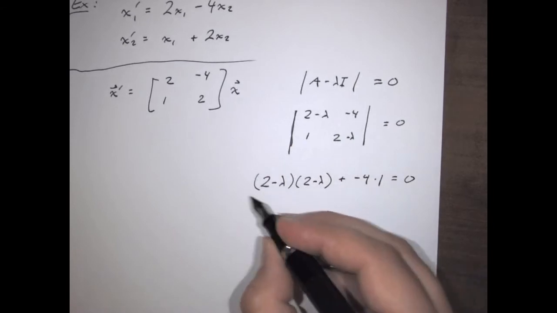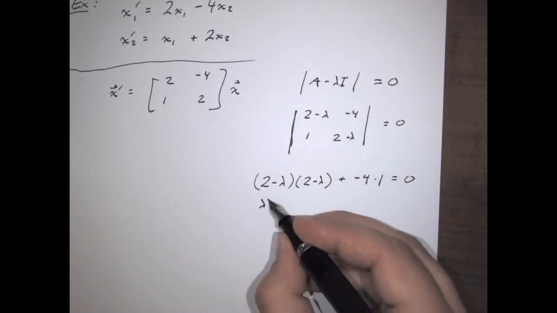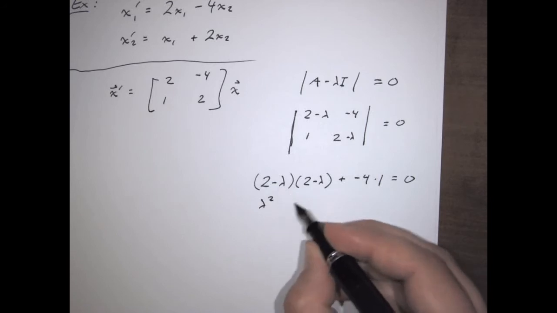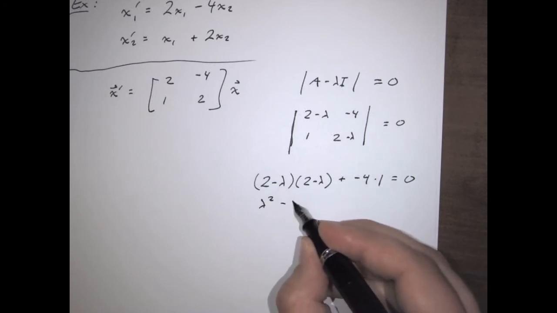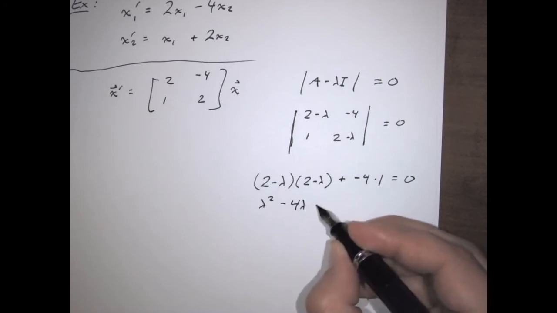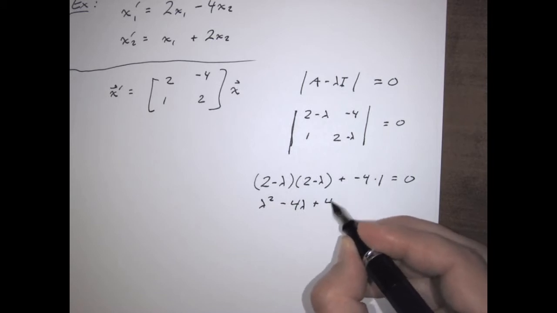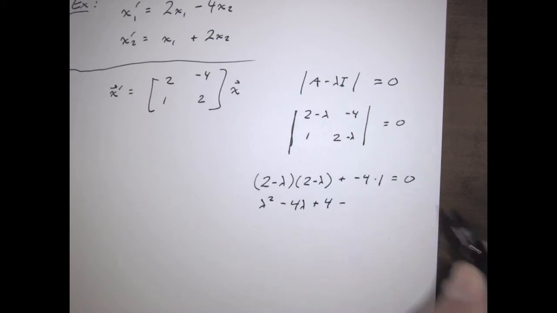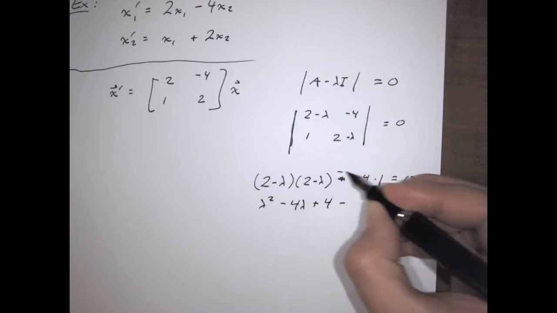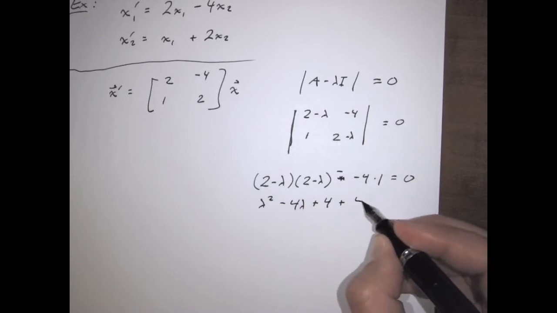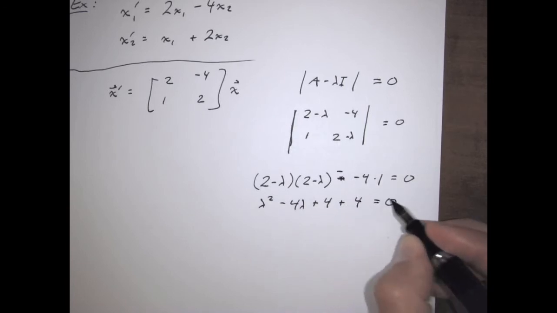And so then negative lambda makes a lambda squared, and then we're going to have minus 2 lambda minus 2 more lambda, so minus 4 lambda. Then plus 4, and then oops, so this is going to be minus negative, so it's going to be then plus another 4 equals 0.